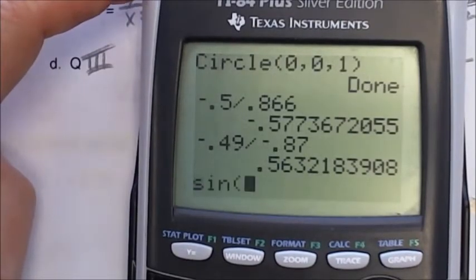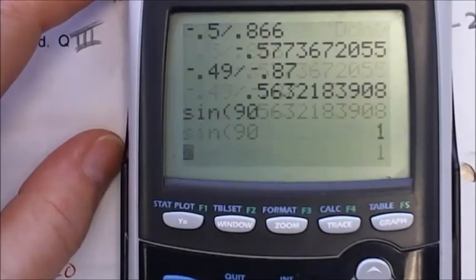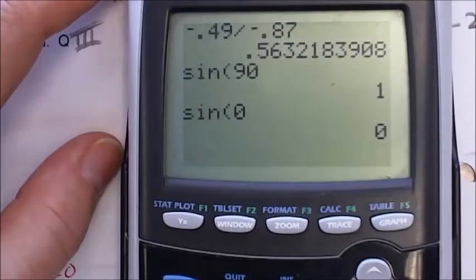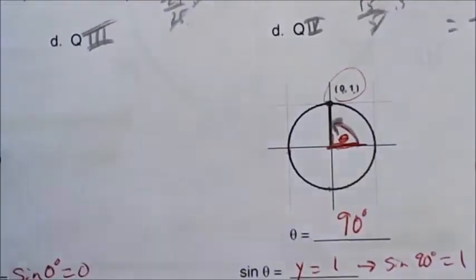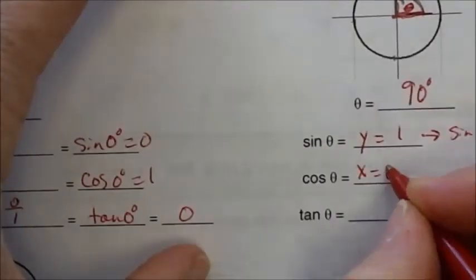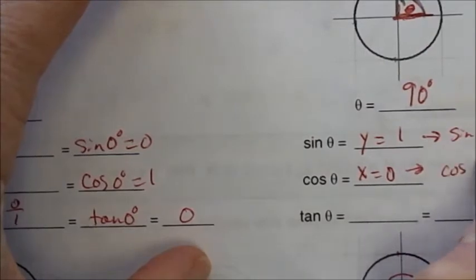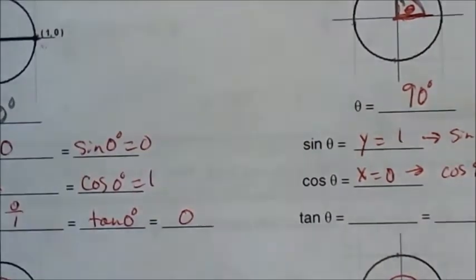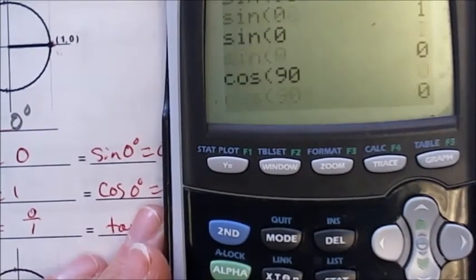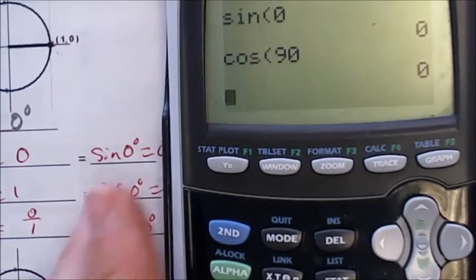If you do a sine of 90 degrees, it'll tell you 1. Like if you do a sine of 0 degrees, it'll tell you it's 0. All right, and the cosine of 90 degrees, the cosine is the x value. The x value is 0, so that means the cosine of 90 degrees is equal to 0.